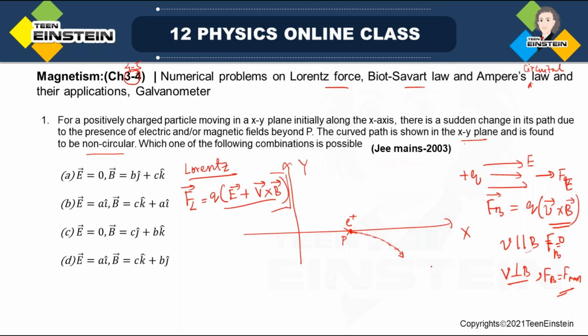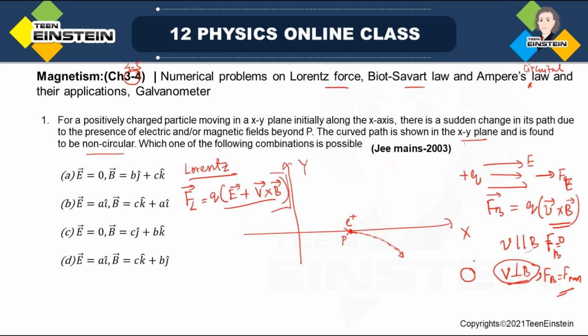So the magnetic force in this case, when the velocity is perpendicular to the magnetic field, will try to exert a force on the charged particle such that its path will be a circle or circular path.